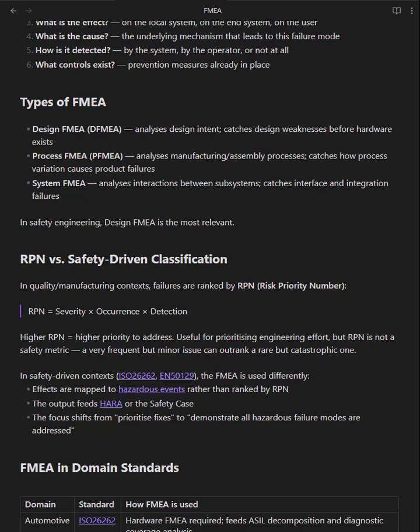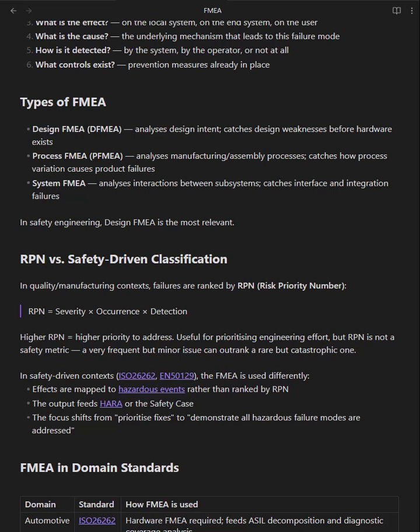But in general, in a safety-driven context, when you have safety-critical, mission-critical systems, for instance, here with automotive ISO 26262, or in general for E/E/PE systems, functional safety, like the IEC 61508, here for the EN 50126, we're talking about railway, for instance.